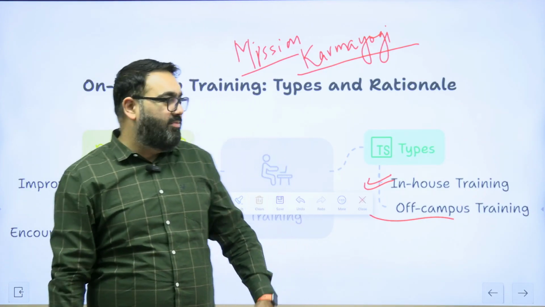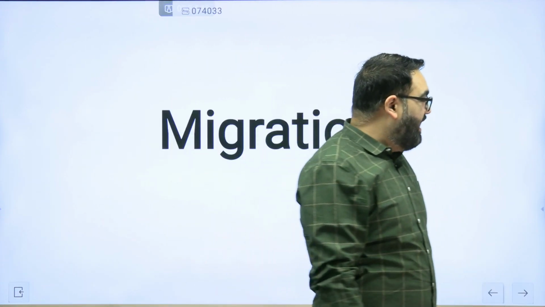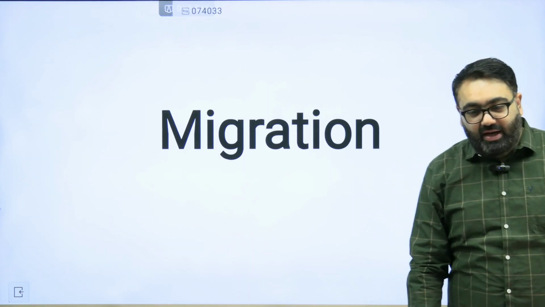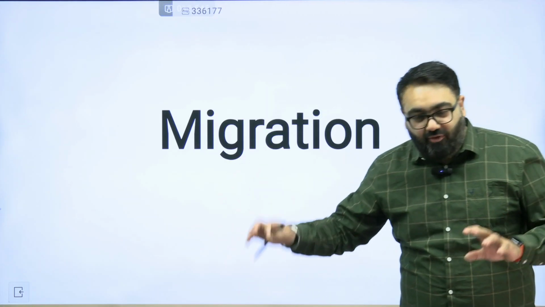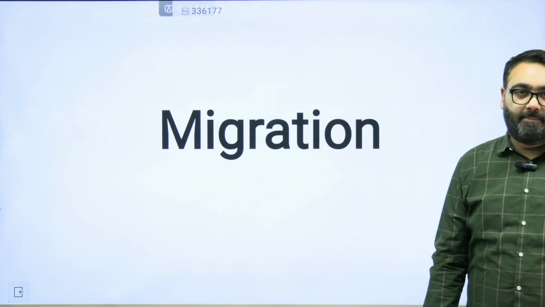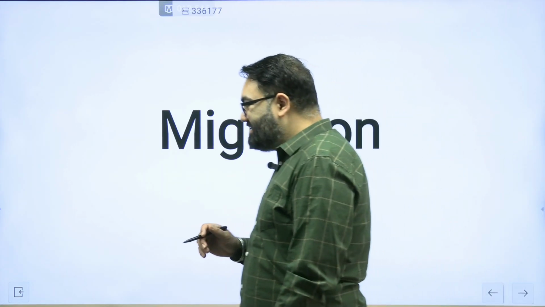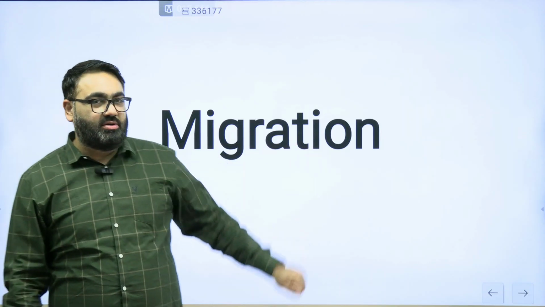This is how the government is looking at on-job training. So again, on-job training is not just something the private sector is doing. On-job training is also something that the government is now looking into in the form of, as I said, Mission Karma Yogi.